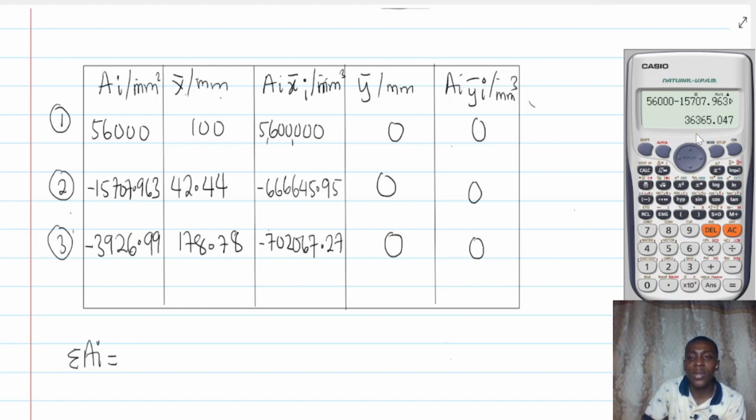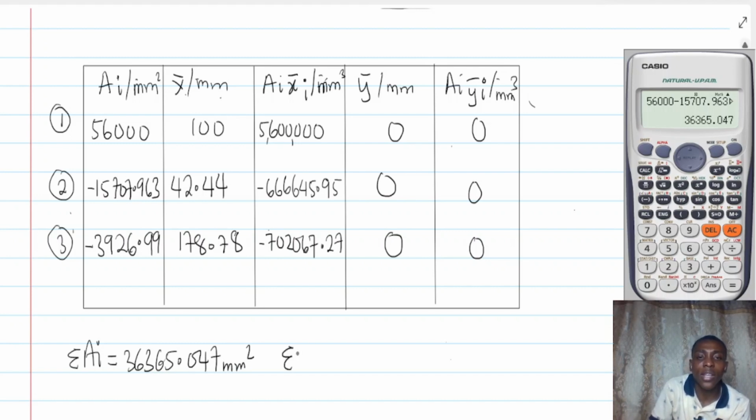That gives me 36365.047 millimeters squared. So that is the total area.